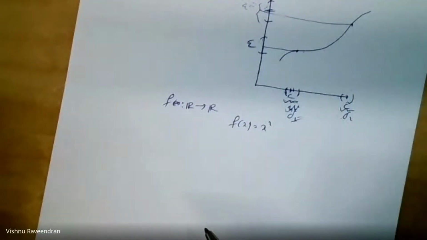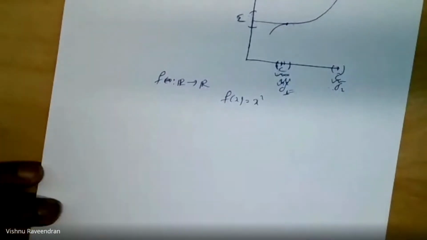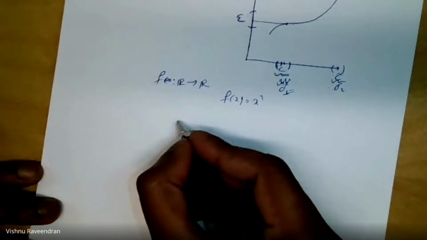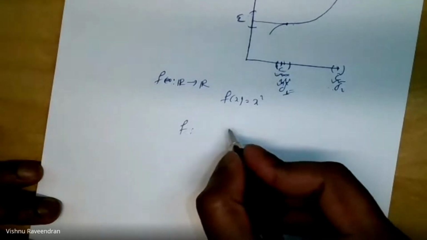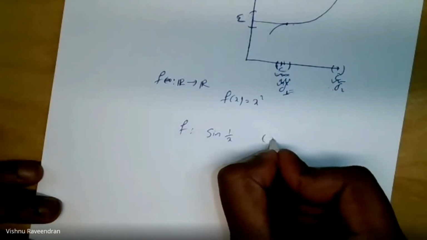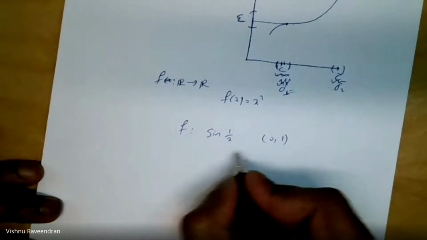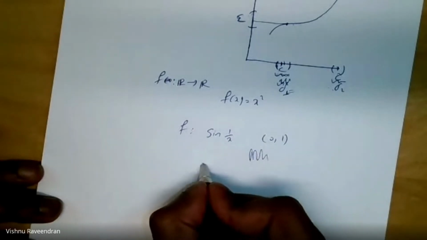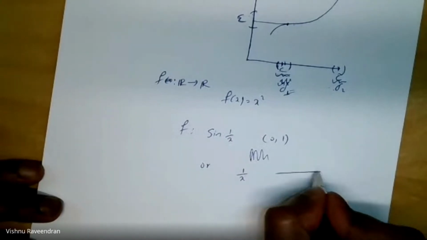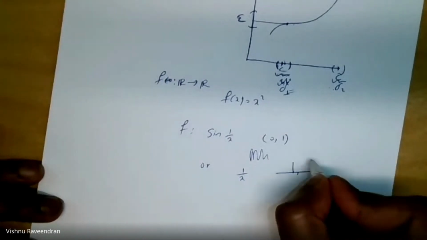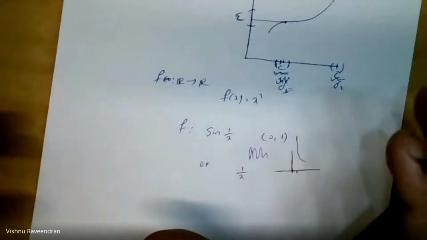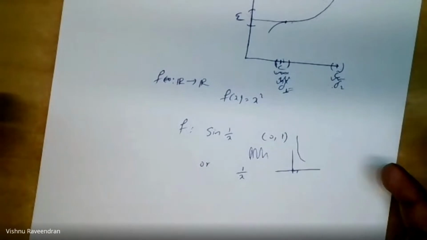And in general, one way to see this is, if you have a function f with high oscillation, for example, sine of 1 by x type of function defined on 0 to 1, or a function with high growth at some point, for example 1 by x, which at point 0 has very high growth, then this type of function is generally not uniformly continuous.